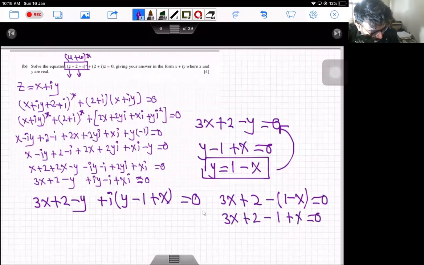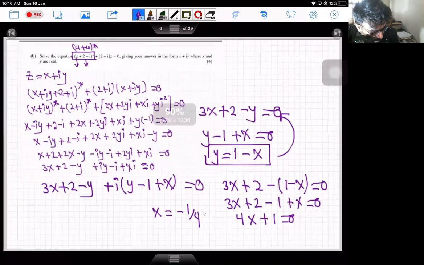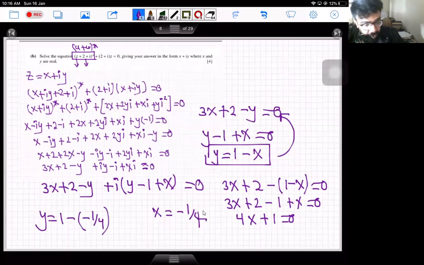Therefore 3x plus x is 4x, 4x plus 1 is equal to 0. Therefore x is equal to negative 1 over 4. The value of x is negative 1 over 4, and the value of y would be 1 minus minus 1 over 4, which means 1 plus 1 over 4, which is 5 over 4.